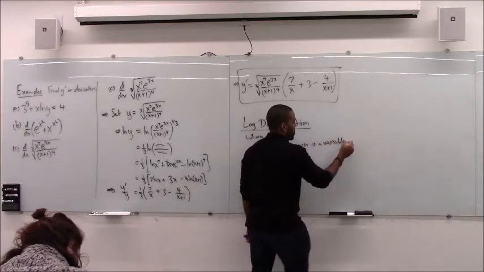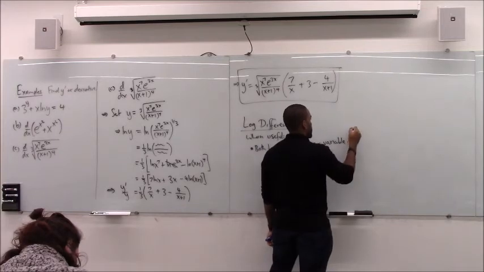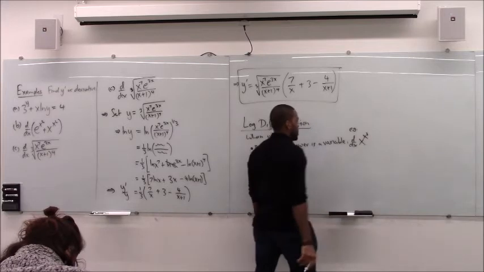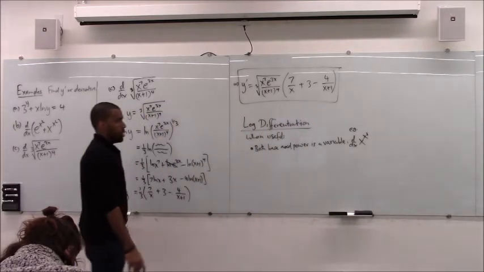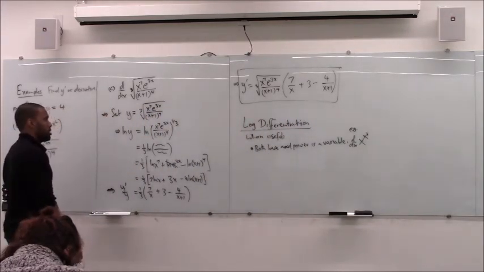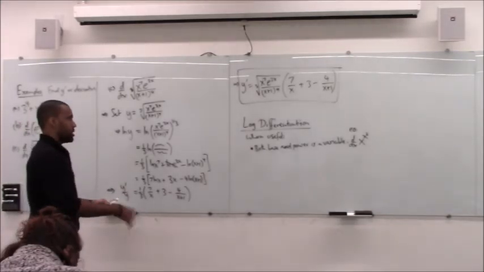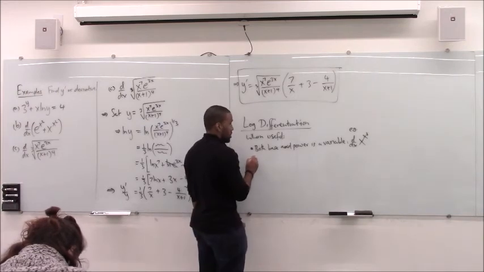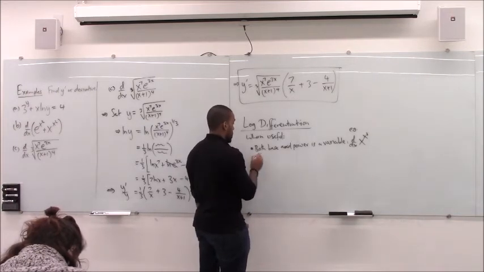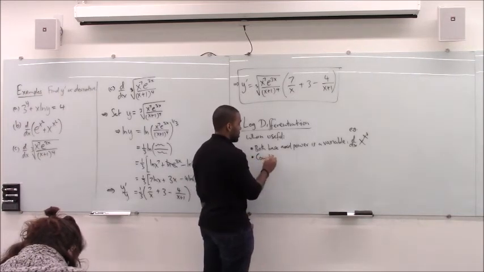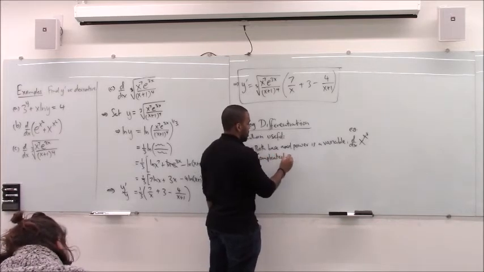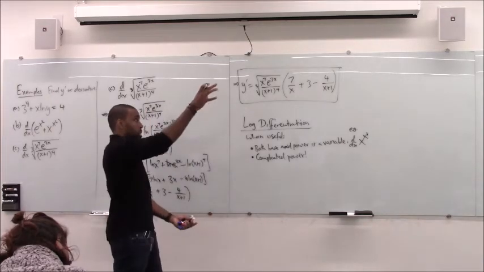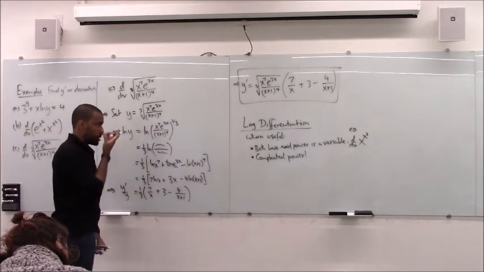So if I wanted to differentiate, as an example, x to the x cubed or anything like that, log differentiation is going to be useful. Just isolate the guy, set y equals that guy, and do your log differentiation. Another situation is if you have a complicated power that you don't want to deal with as a power. You get a log in there, you can take the power, move it down and treat it as a product.